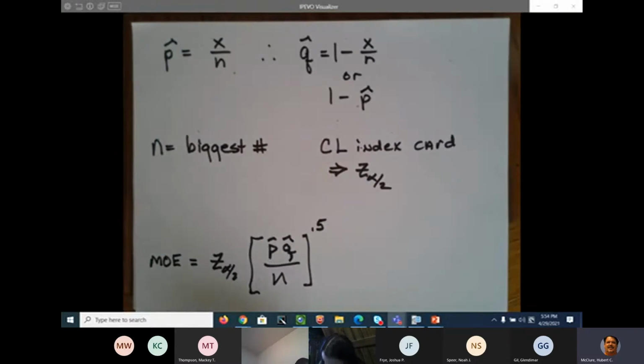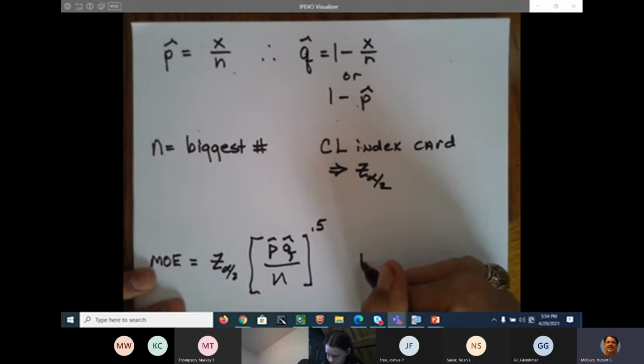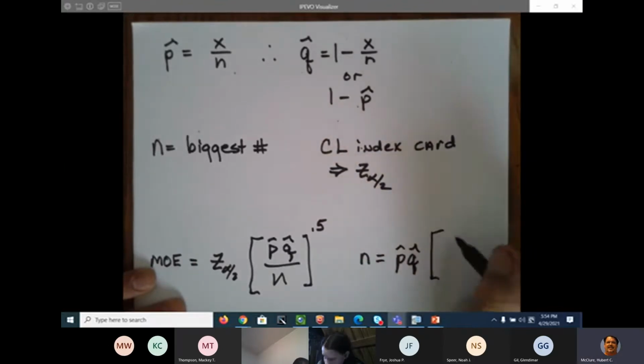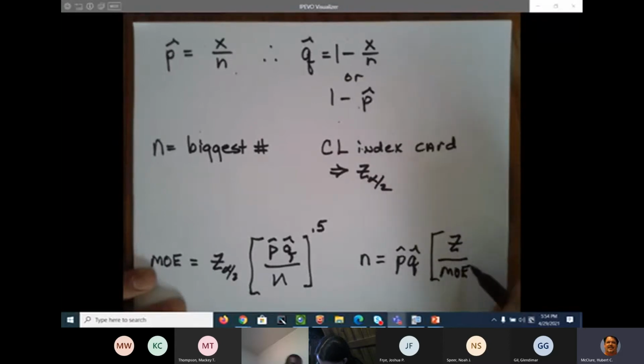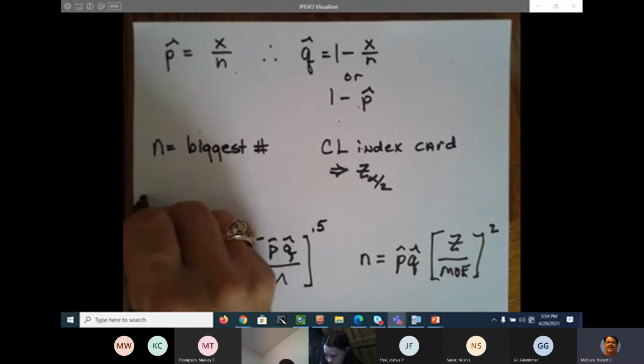Now, you could take the square root. I don't care, but you know I don't do the square root. And then n is equal to p hat, q hat times z over margin of error, raised to the 2nd power. And then there's only one more thing that I need to add to this, and that's the confidence interval.